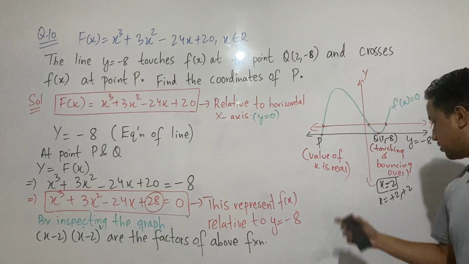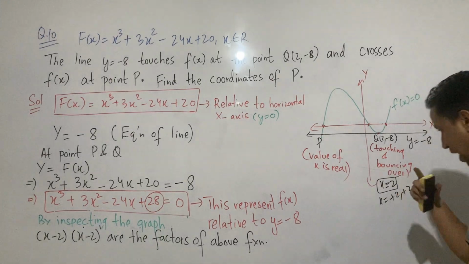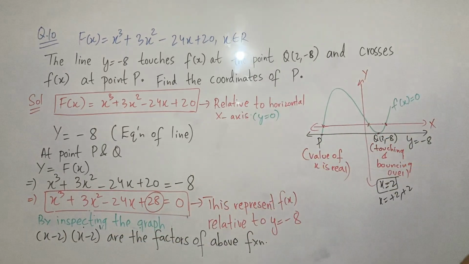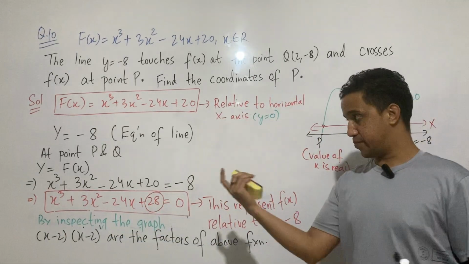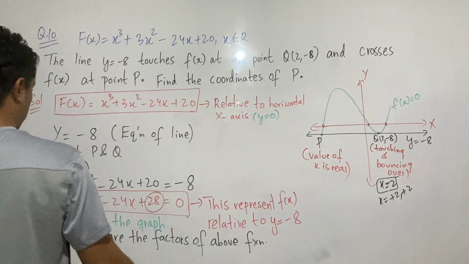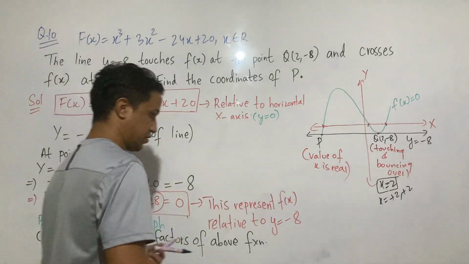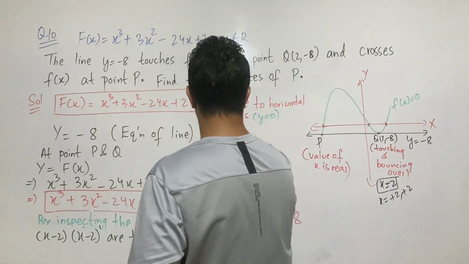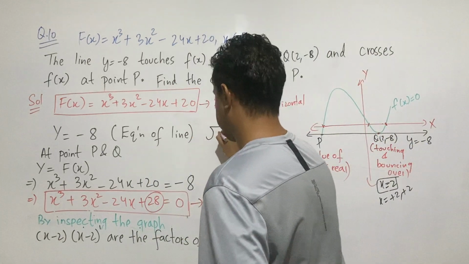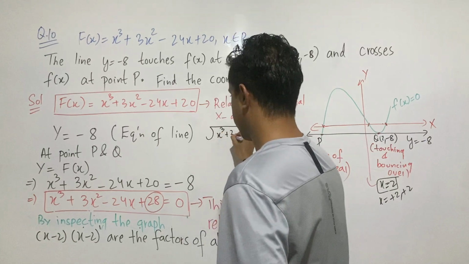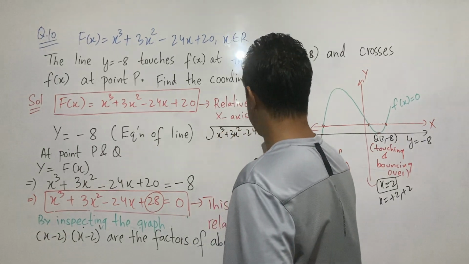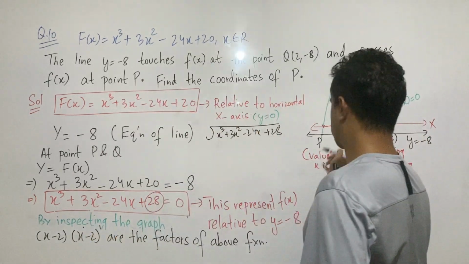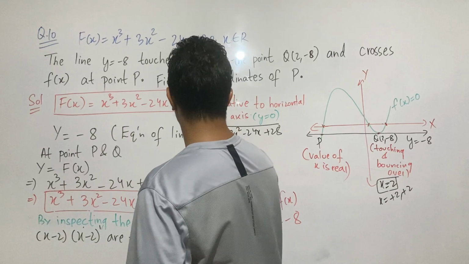Now I know that my two factors are x minus 2, x minus 2. Now I can find the remaining factor. So what I will do here is I will divide this whole expression, x cubed plus 3x squared minus 24x plus 28, by (x minus 2) squared. What is (x minus 2) squared?